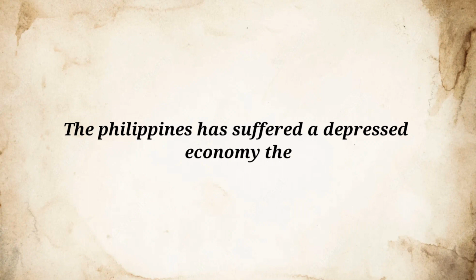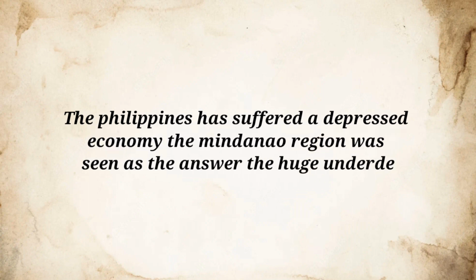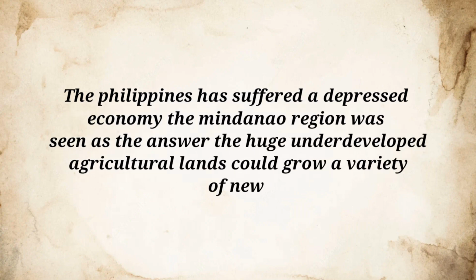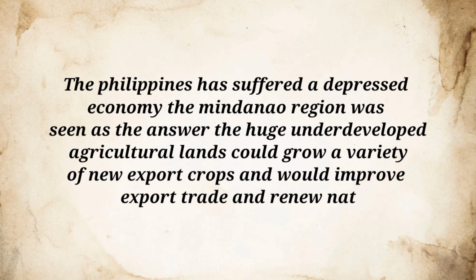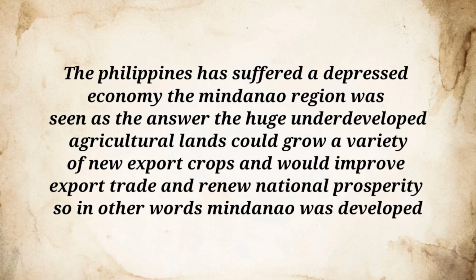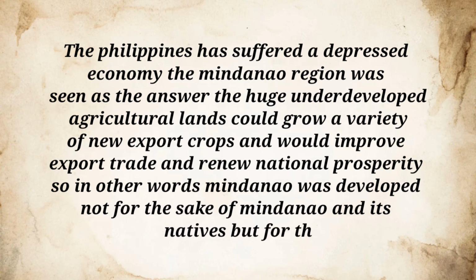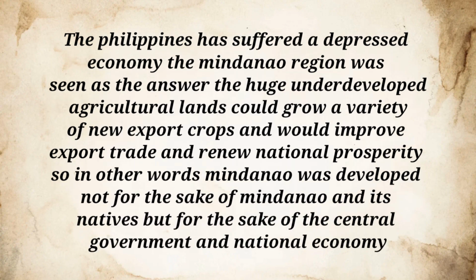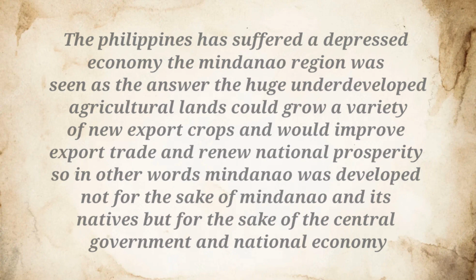The Philippines has suffered a depressed economy. The Mindanao region was seen as the answer. The huge underdeveloped agricultural lands could grow a variety of new export crops and would improve export trade and renew national prosperity. So, in other words, Mindanao was developed not for the sake of Mindanao and its natives, but for the sake of the central government and national economy.